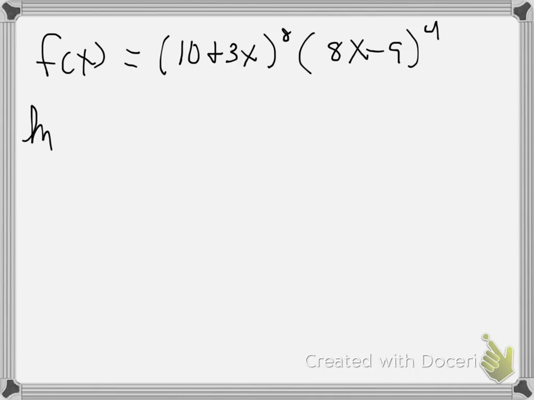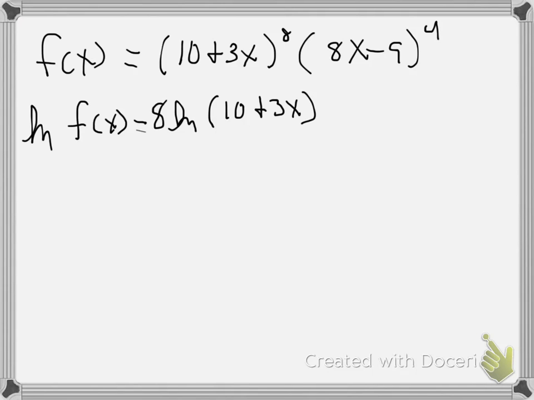We wouldn't necessarily have to with this, but we will just for fun. Natural log f of x equals the natural log of 10 plus 3x. Now instead of raising that to the 8th power, I'm going to bring it out in front. Plus the natural log, I can bring that exponent out in front, 8x minus 9.